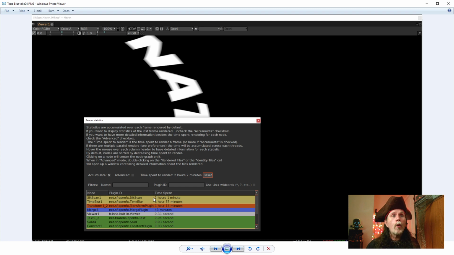And if you want to do a full 27 frames, it's actually faster to use the FrameBlend than it is to use the TimeBlur, because we wind up with 2 hours and 1 minute. And this, by the way, was not with anything rendering in the background. And so we have a better idea. So it actually came out faster using the FrameBlend when you're doing a full 27 frames of motion blur, if you wanted to do it.